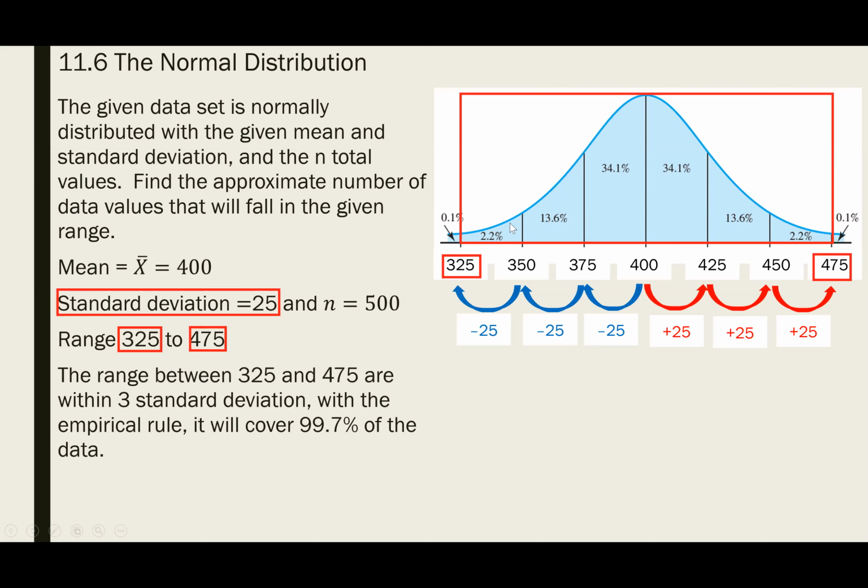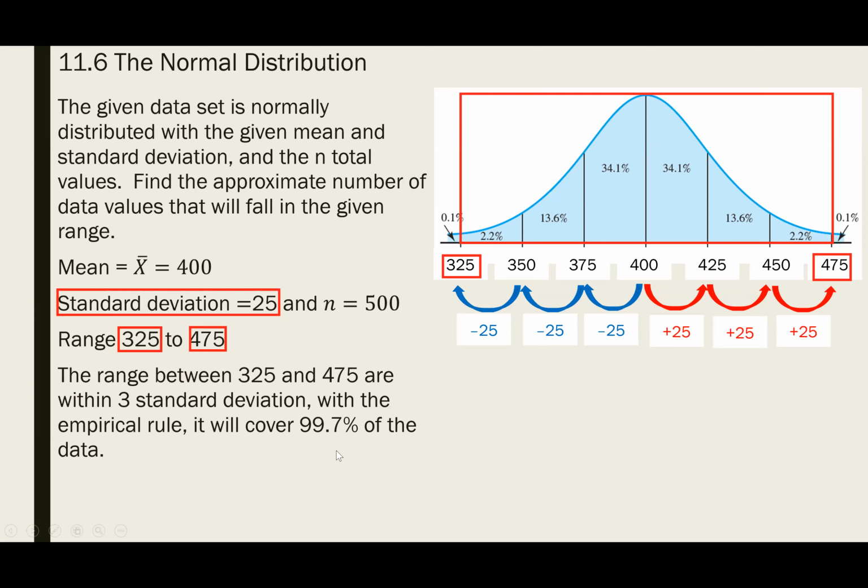If you add them together, it is close to this number here. It's probably 99.8 instead of 99.7. But again, this is what they tell you: within 3 standard deviations is 99.7%.